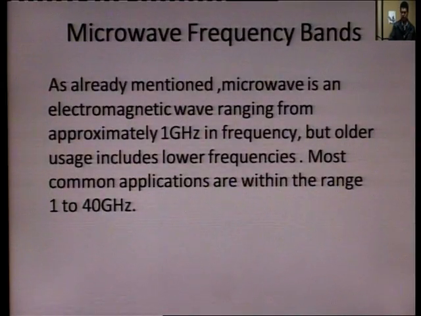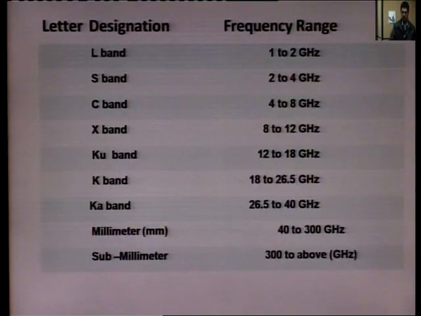So, microwave frequency, I already mentioned, the microwave is an electromagnetic wave whose range is from 1 gigahertz to 40 gigahertz. Basically, the bands are: L band 1 to 2 gigahertz, then S band 2 to 4 gigahertz, then C band 4 to 8 gigahertz, then X band 8 to 12 gigahertz, Ku band 12 to 18 gigahertz, then K band 18 to 26 gigahertz, then Ka band 26.5 to 40 gigahertz, then the millimeter band, that is 40 to 300, and above 300 we call it the sub-millimeter band.